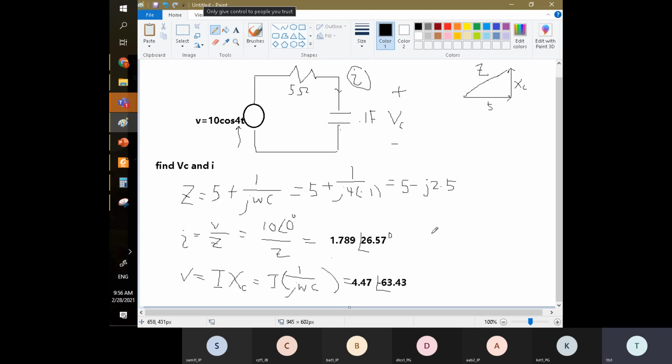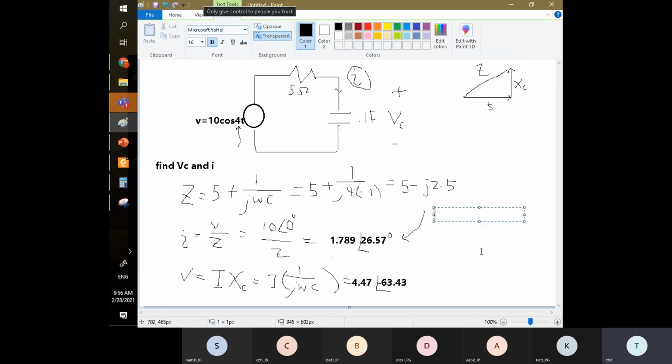You can also represent this in the mathematical form. The current as a function of time is equal to the magnitude 1.789, and because the given source is a cosine, we follow the cosine.